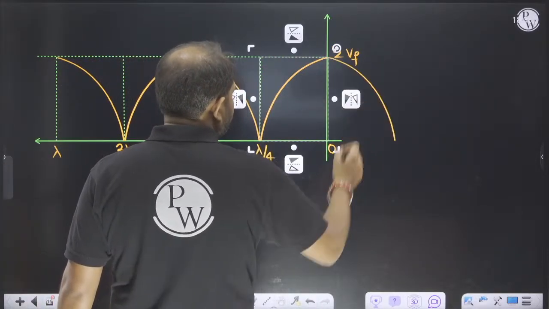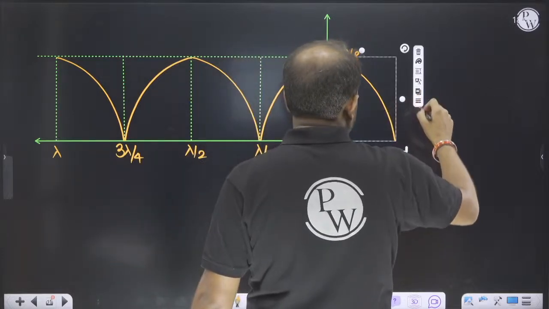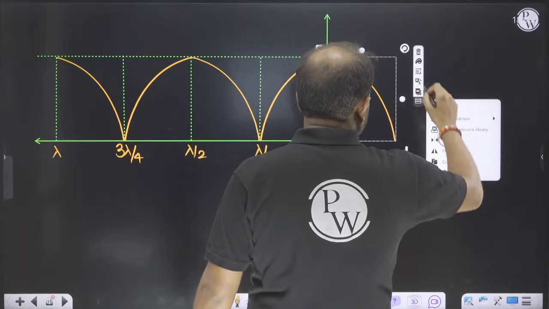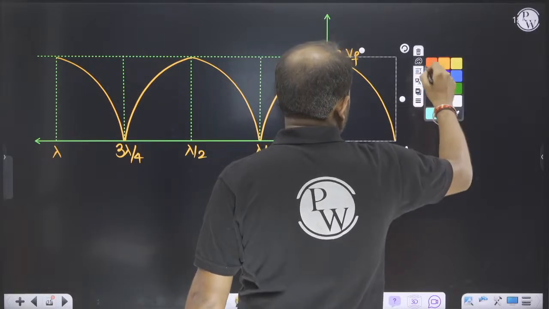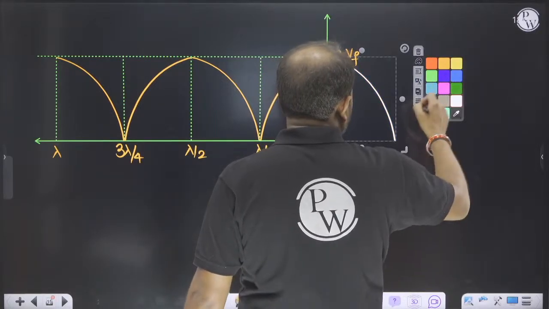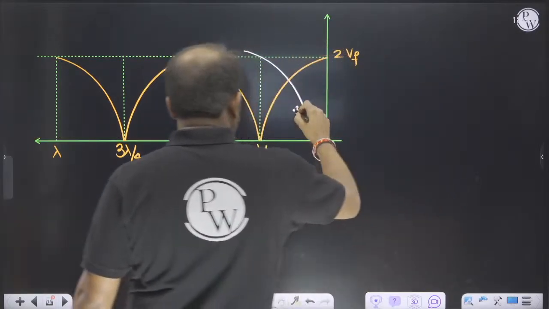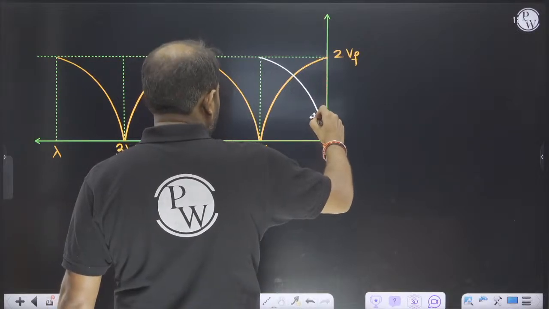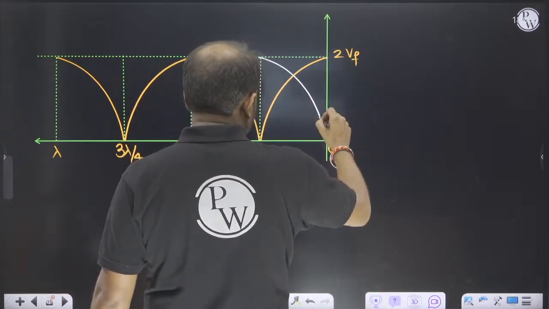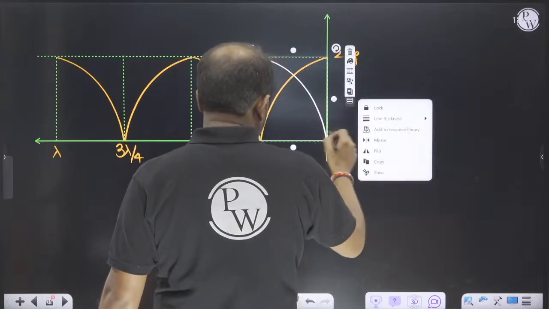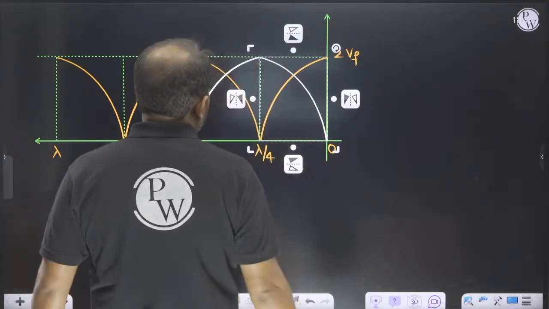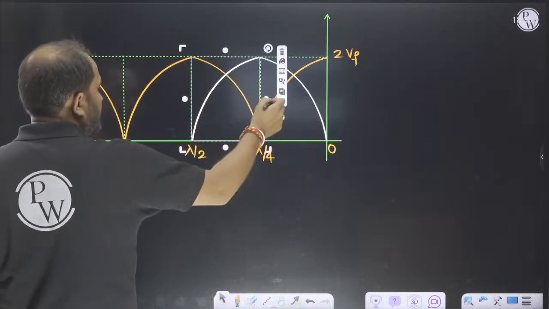Then we are going to draw the graph of current. Graph of current will be: where voltage is maximum, current is minimum.